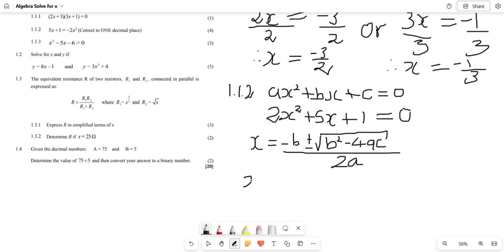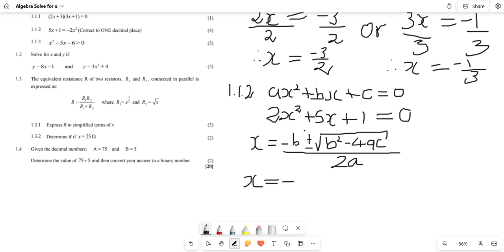Then x will be equal to, remember this negative that we have here, it's a negative that came with the quadratic formula. This negative is not the negative for the b. Then we put it down here. Remember the value of b: we come here to this quadratic equation and check the coefficient of x.